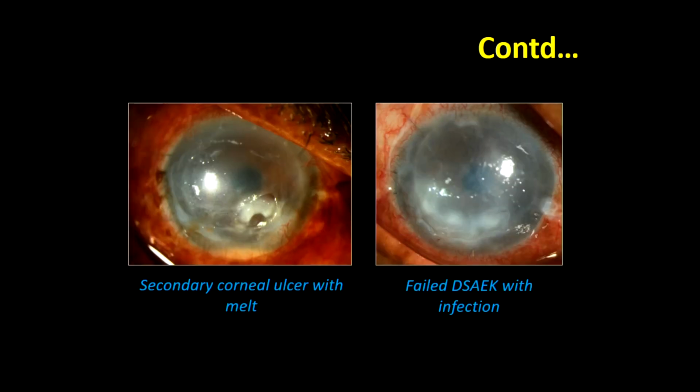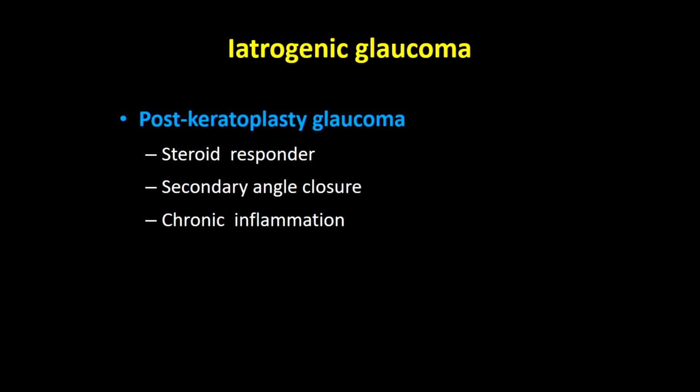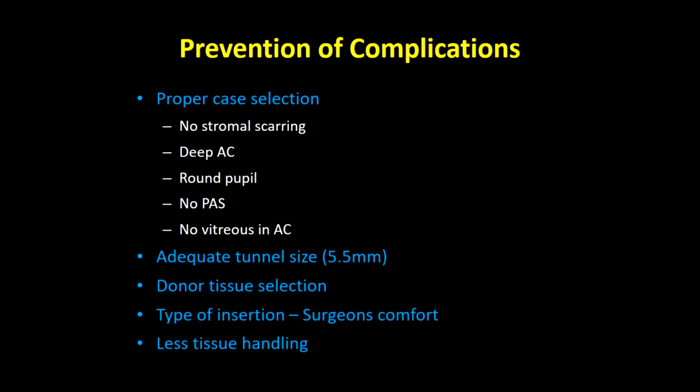This is a peripheral melt with secondary infection. Sometimes after dissection, taking a bad case, we have a 360-degree bullous keratopathy, and if it is not taken care of, it will come with secondary infection. Glaucoma also has to be given importance. Mostly it is a steroid responder or secondary angle closure when you take up difficult cases, and chronic inflammation.